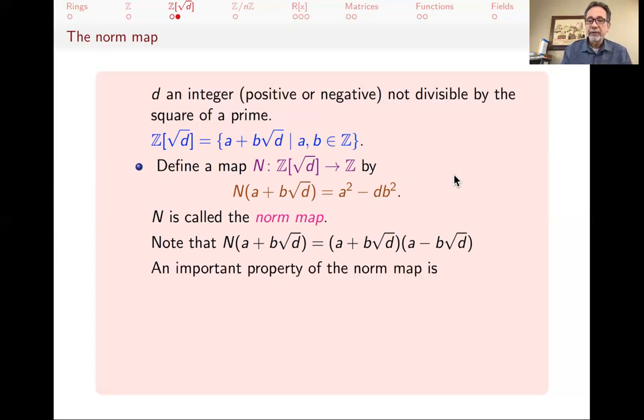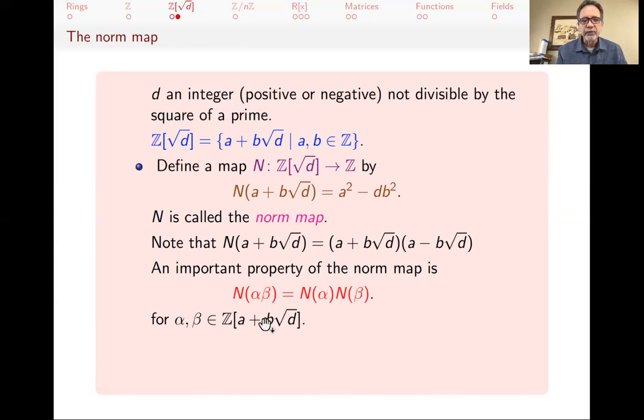An important property of the norm map, the reason we are interested in it, is that if you take two elements of Z adjoined square root of d, alpha and beta, then the norm of alpha beta is the norm of alpha times the norm of beta.